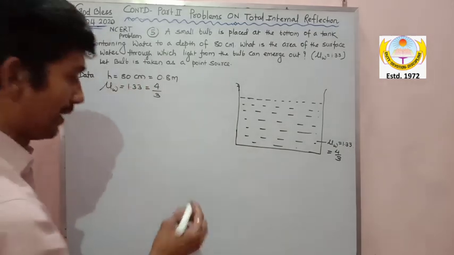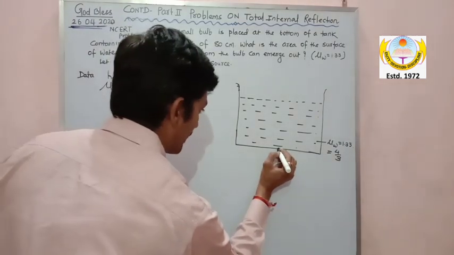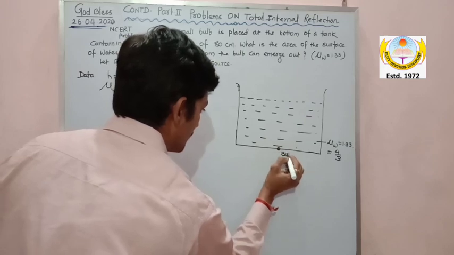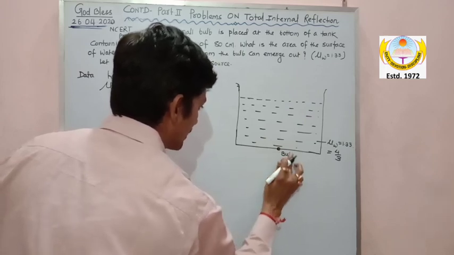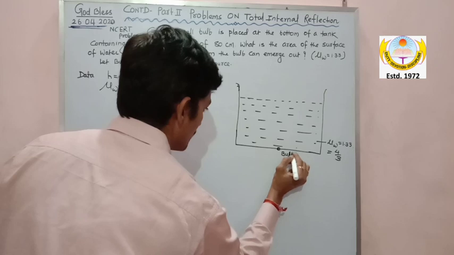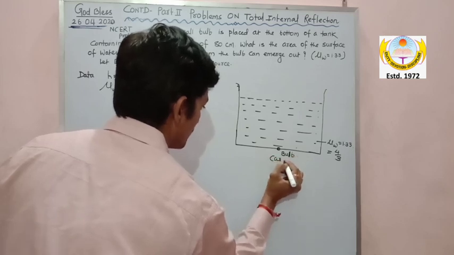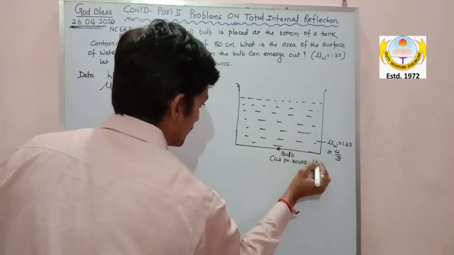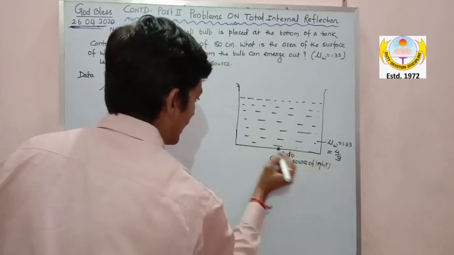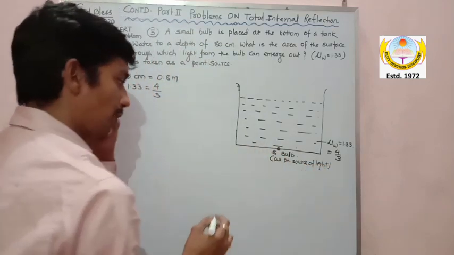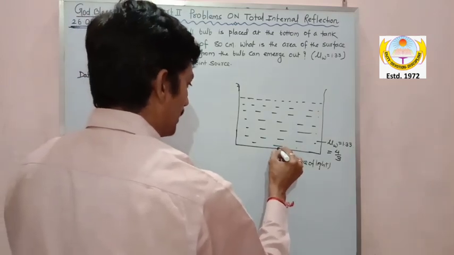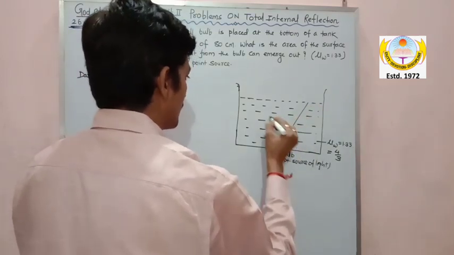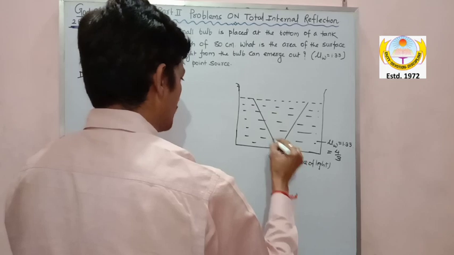Rest all is, and here is the point source of light, that is a bulb. This is a bulb as a point source of light, and I will take it as S. Now you all know that the light from here will go here. The light from here will go here.